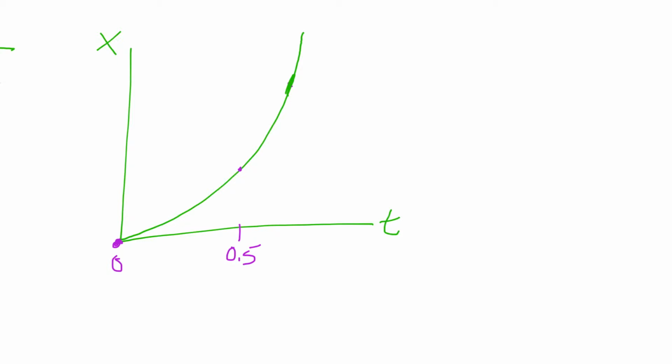If we go from 0 to 0.5, and we're looking at these points here, the slope of a position versus time graph is the velocity.